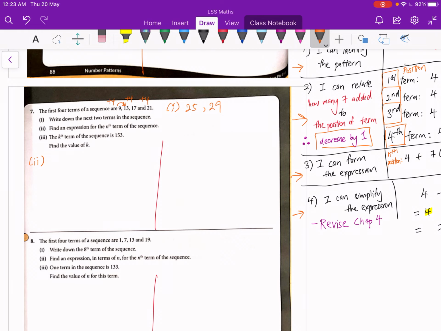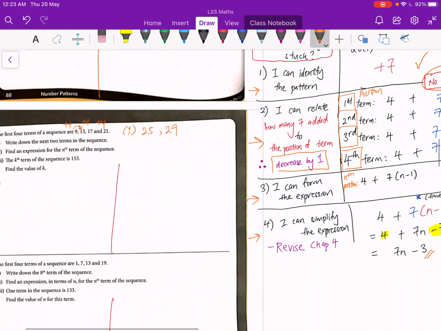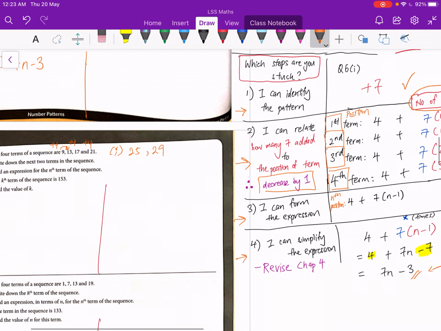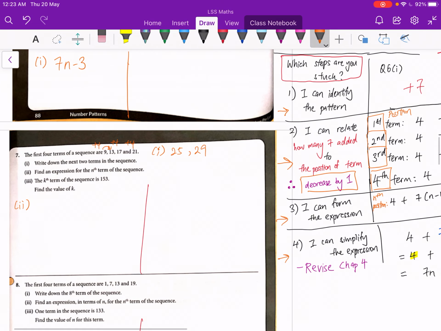So for part 2, go back to the same steps again and ask yourself which step you are stuck at. If you can clear all 4 steps, that means you're good to go. Are you able to identify the pattern for question 7? In this case, the pattern is plus 4. That's number 1.